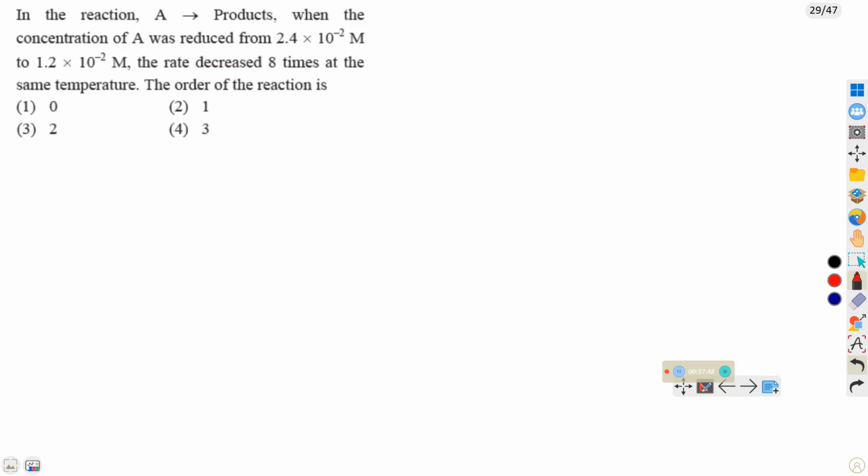In the reaction, A gives rise to products, when the concentration of A was reduced from 2.4 into 10 power minus 2 molar to 1.2 into 10 power minus 2 molar, the rate decreased 8 times at the same temperature. The order of the reaction is? Generally, rate is equal to k into [A] power x.